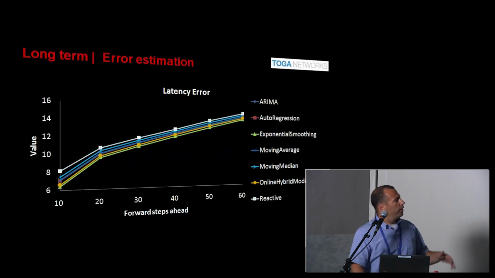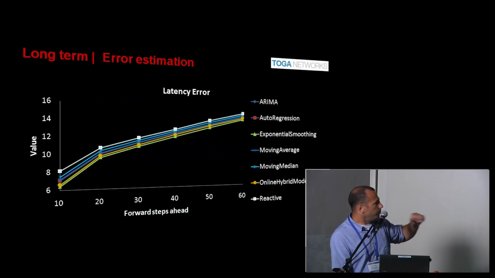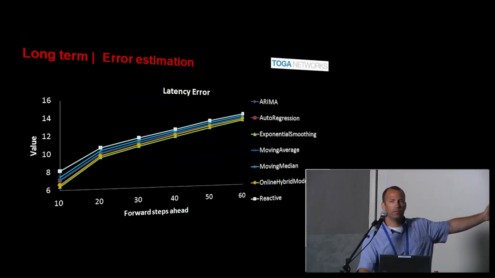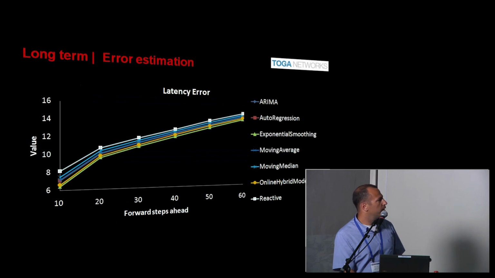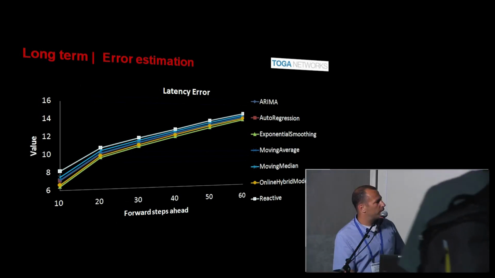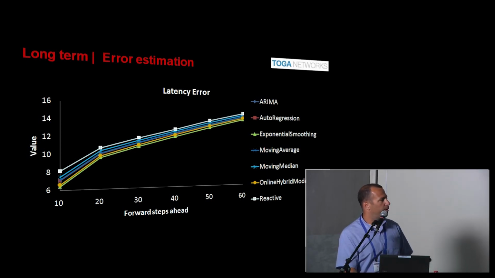So here in this graph, instead of one table, each point represents a table that you saw in the short-term comparison. You see that the exponential smoothing algorithm is actually very strong, and the hybrid model here is the runner-up.